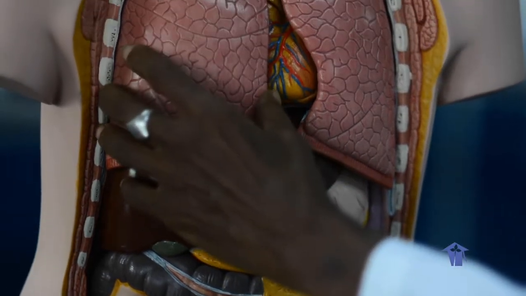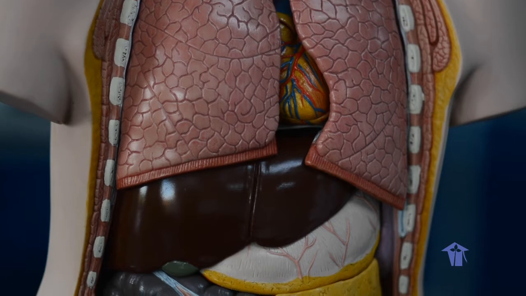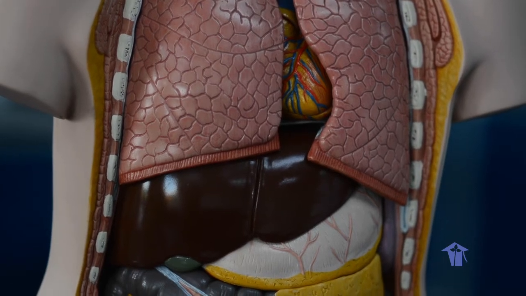And the diaphragm is one of those structures that helps us to breathe in and out.